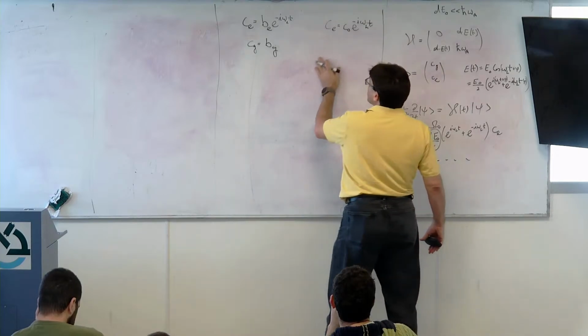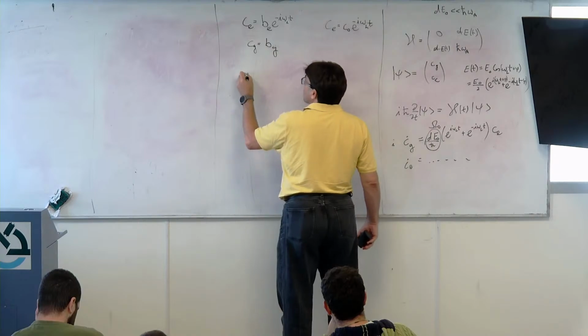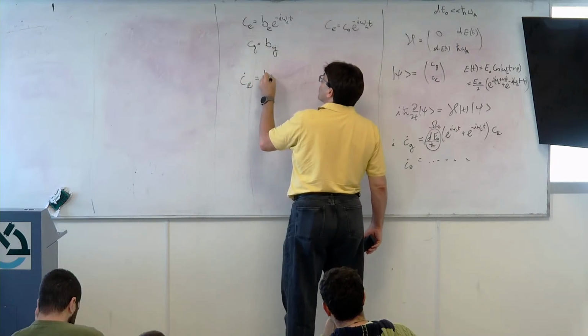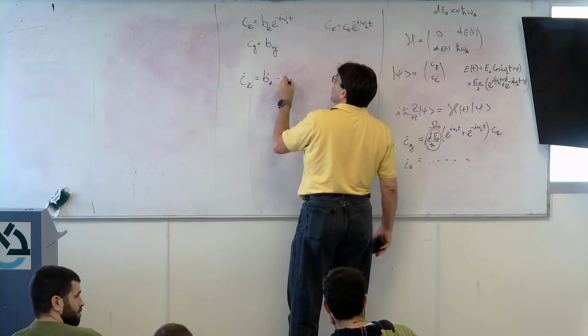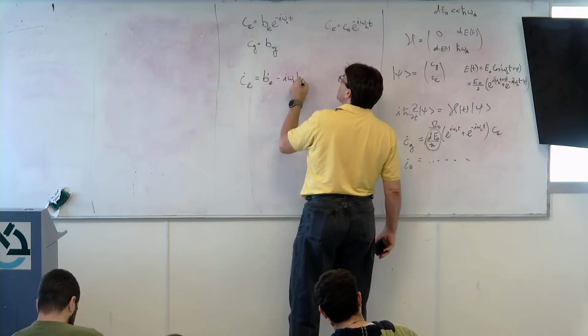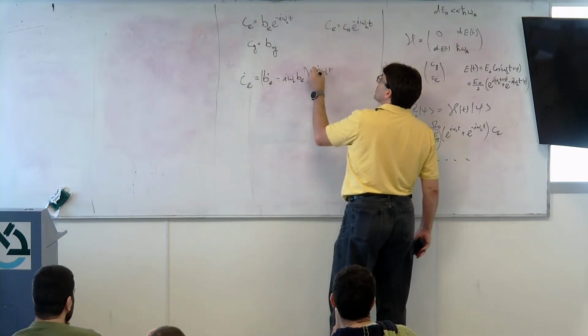by doing that, what we did was to say, look, CE dot equals BE dot plus minus i omega laser BE times e to the i omega laser t.